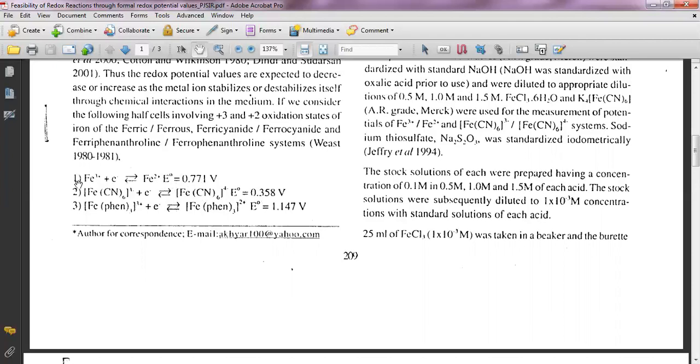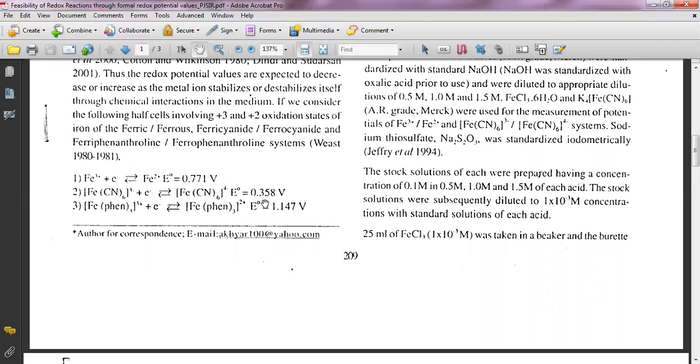Or you can say the potential of 1 is more than that of 2. That means this bare metal ion is easily converted into the plus 2 state. So the higher potential value means more reduction potential. That means it has a stronger force to accept the electron. That's why it has more electromotive force or reduction potential.